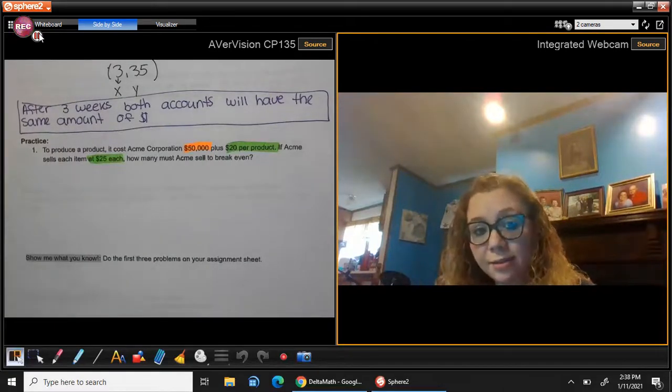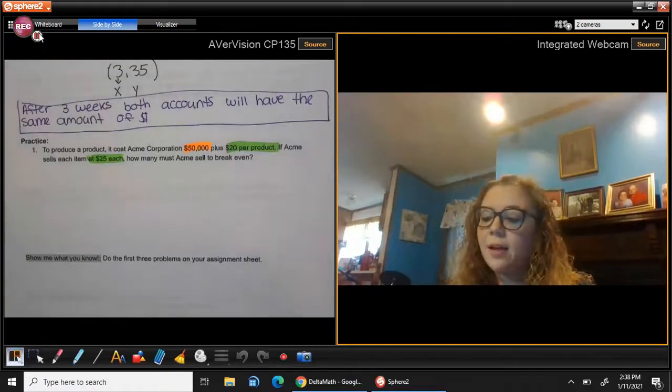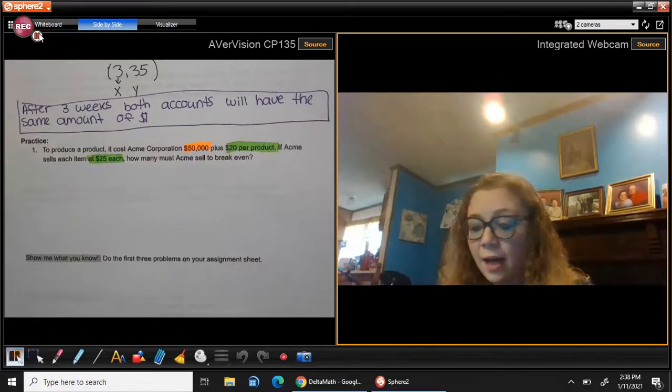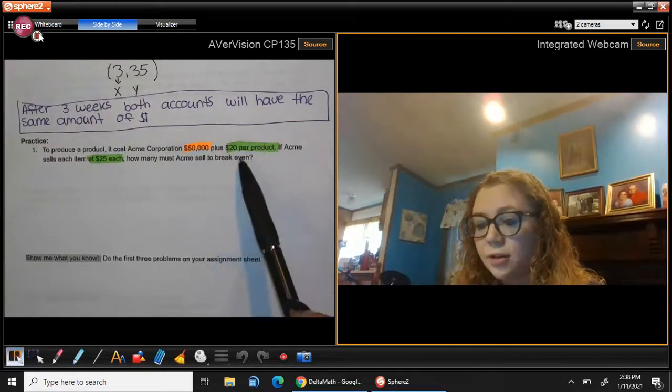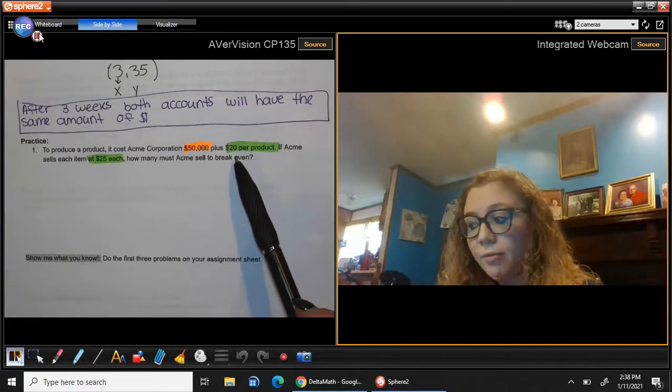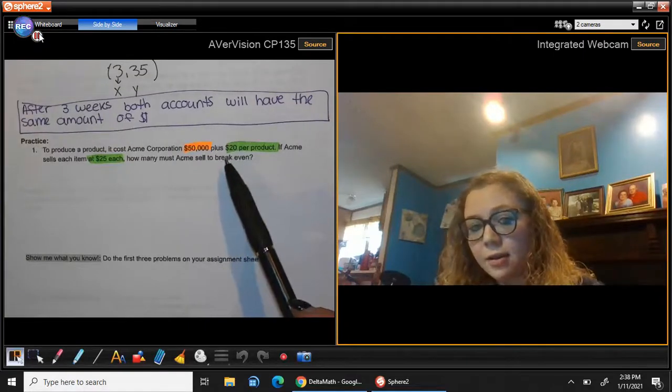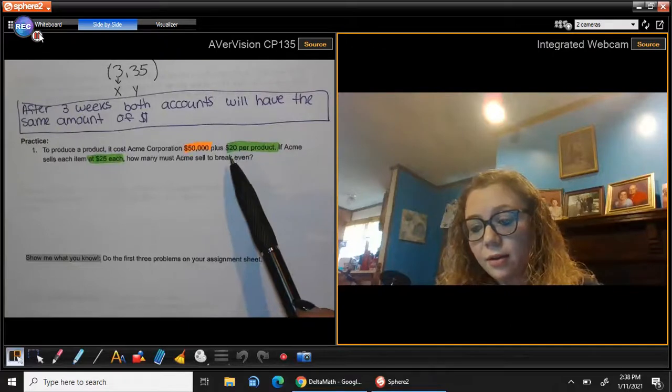A lot of times companies will use this math. Believe it or not, you actually use it. They're saying, right now we have this amount of money, we're charging $20 per product. What happens if we increase the amount of money for the product?